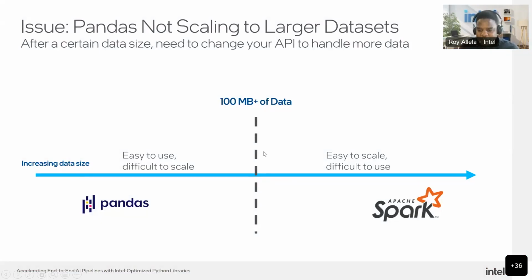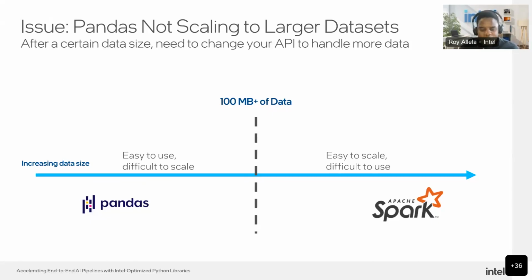However, as you exceed this, the scalability becomes an issue, and the alternative is to switch to Apache Spark, which offers better scalability. However, you have to write your entire code base again, switching the API from Pandas to Spark, and that's a whole new learning curve for developers who are not familiar with Apache Spark and how to implement this.